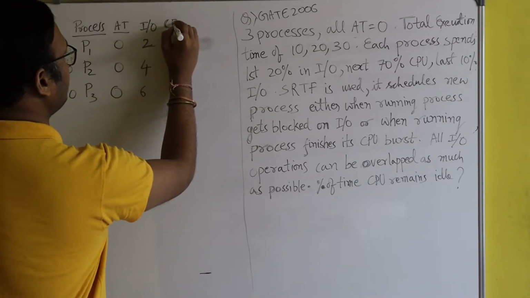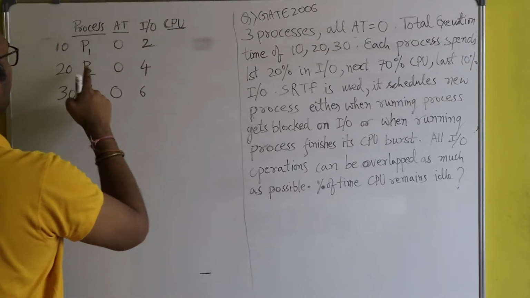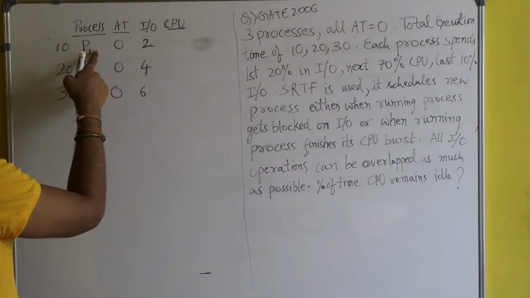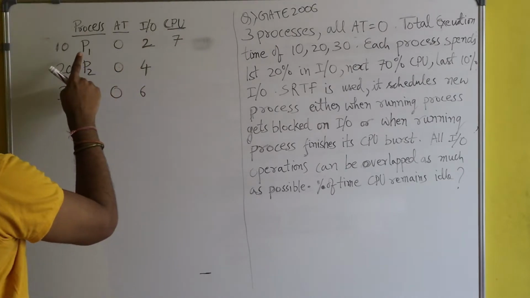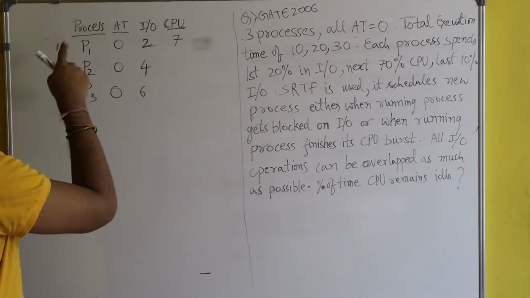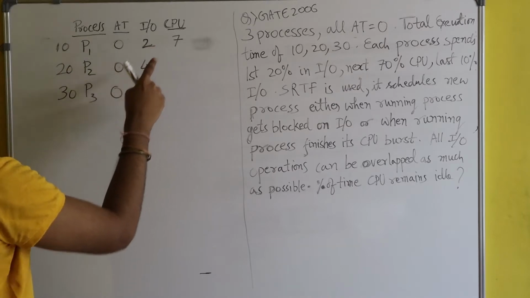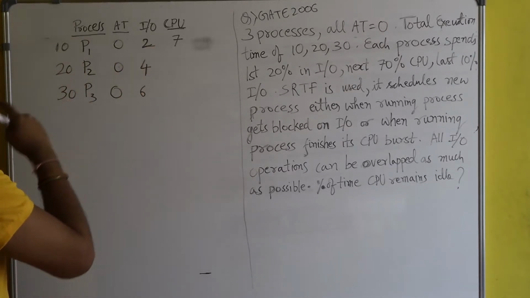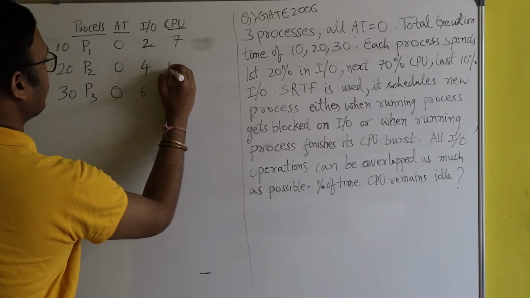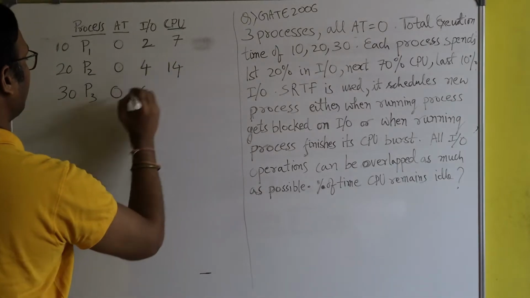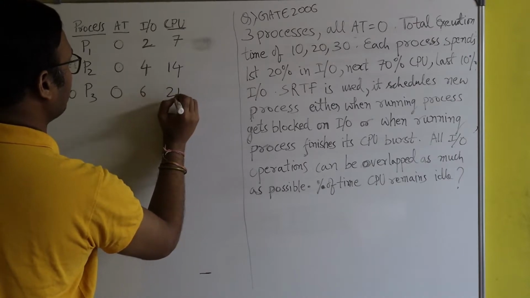So here I will write CPU. What is 70% of 10? 7. Same for P2 and P3. What is 70% of 20? It will be 14. And 70% of 30 is 21.